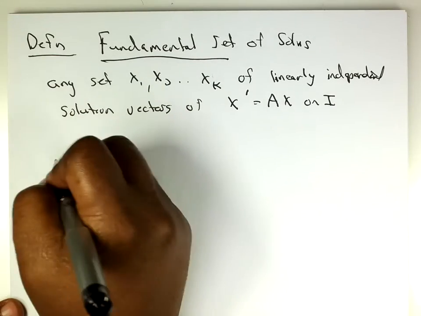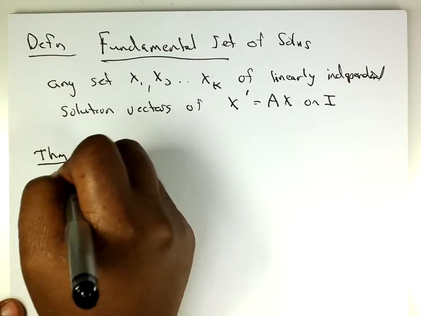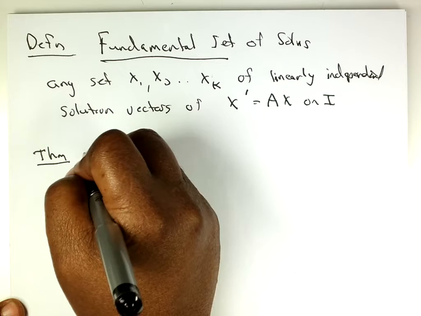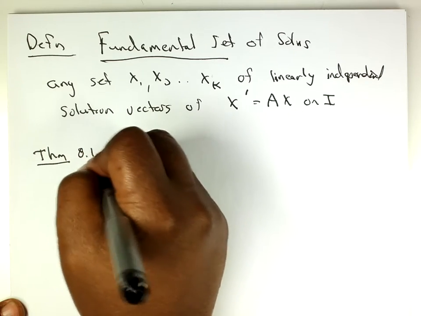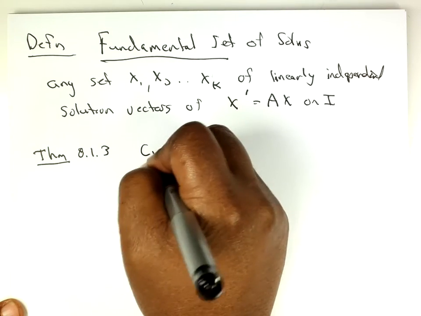It's very similar to what we did back in chapter 4, and we're going to use the Wronskian.